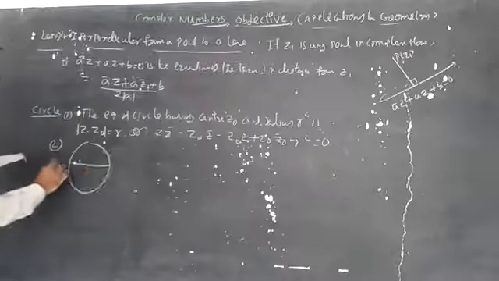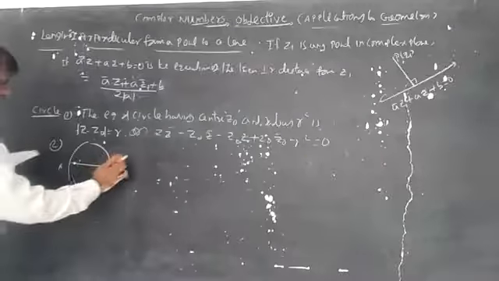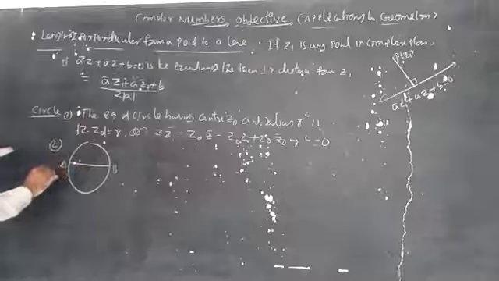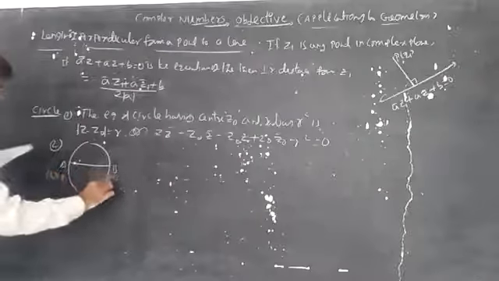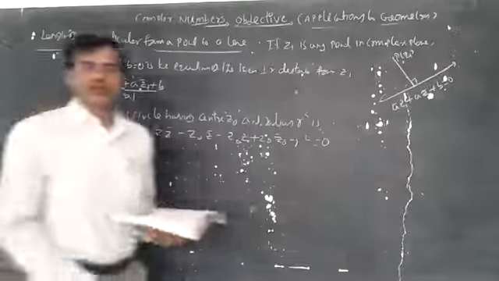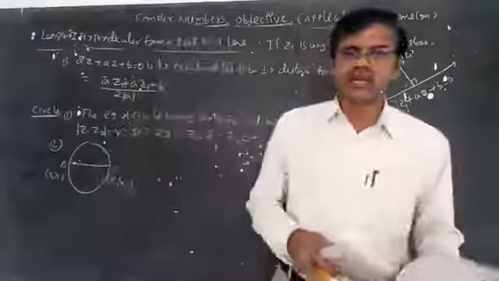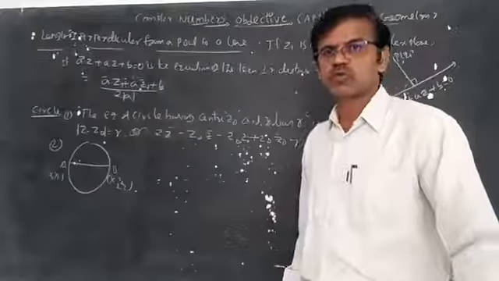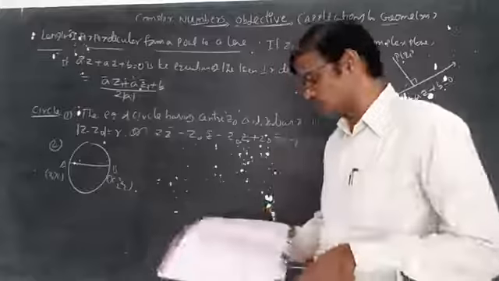Equation of a circle having a, b as endpoints of diameter, or extremities of diameter. Let a be x1, y1 and b be x2, y2. In general geometry we have discussed the formula x minus x1 into x minus x2 plus y minus y1 into y minus y2 equal to 0.